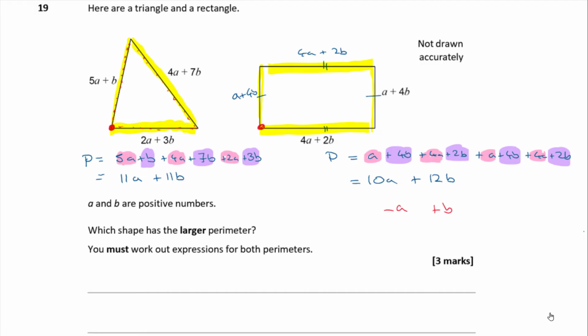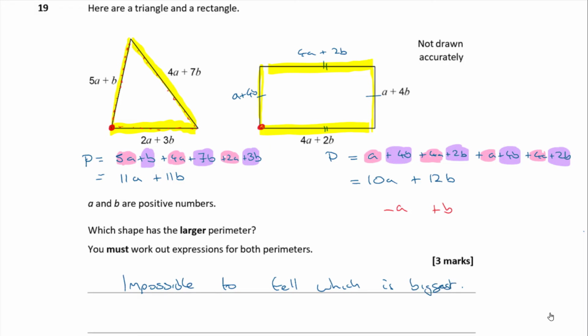So it depends, doesn't it? If a is bigger than b, then the triangle is going to be bigger, but if b is bigger than a, then the rectangle is going to be bigger. So at the moment I can't tell. So it's impossible to tell which is biggest.